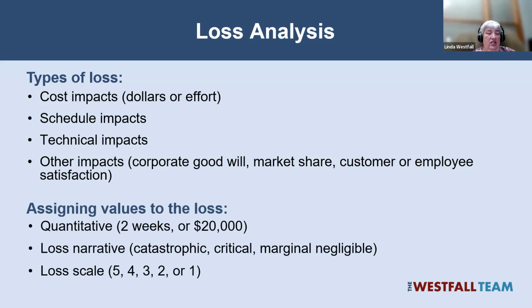And again, we can assign a quantitative value. It's going to be 2 weeks of effort or $20,000. We can do a narrative, catastrophic, critical, marginal, negligible, or a scale of 1 to 5, 1 to 10, whatever is appropriate. Now, when I'm doing these qualitative versus quantitative, I always go to the qualitative if that's good enough.